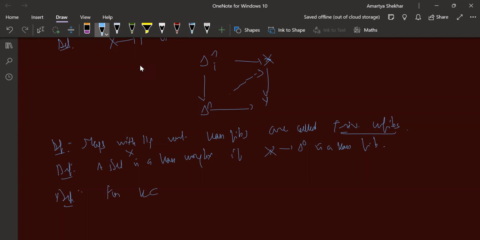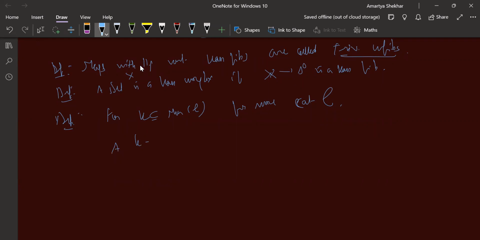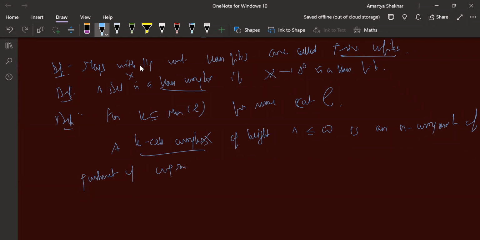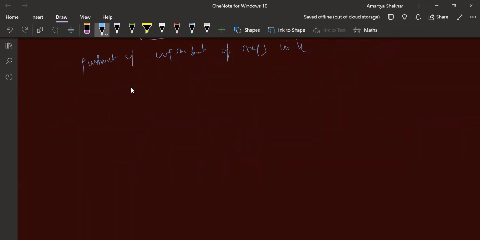For a class of morphisms I of a category C, a I-cell complex, let me underline, I-cell complex of length n, that's not equal to omega, is an n-fold composition of pushouts of coproducts of maps in I. Okay, so this is my definition of an I-cell complex.